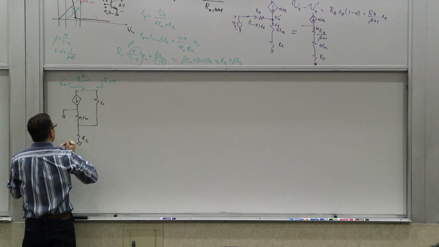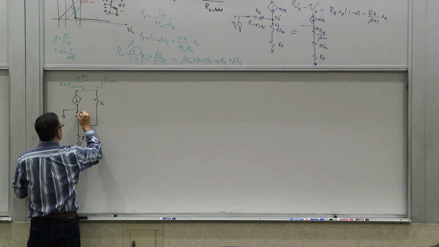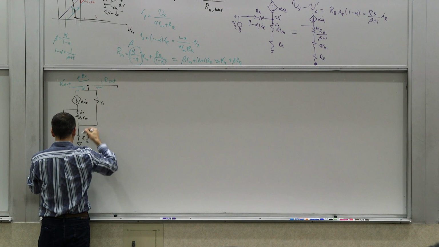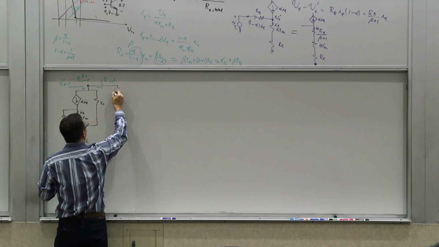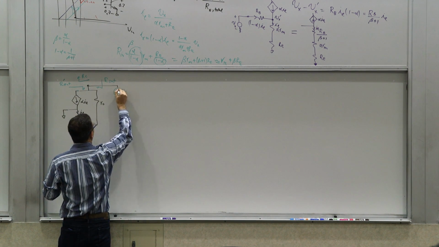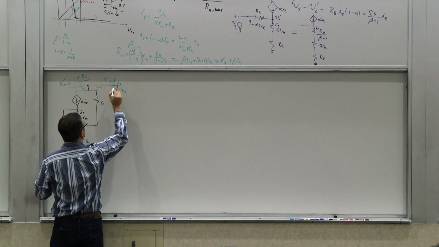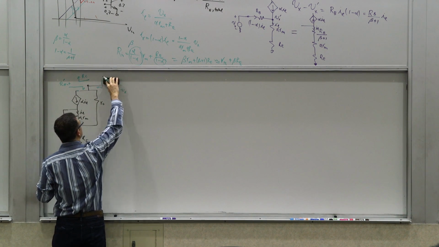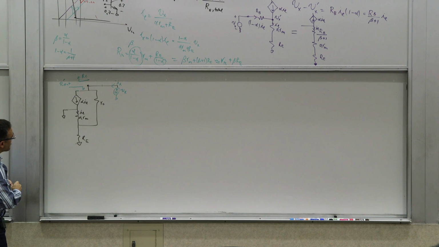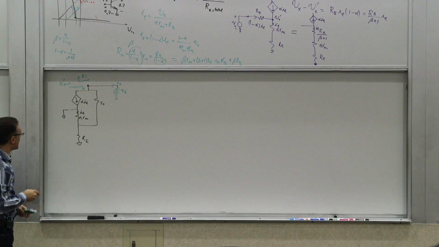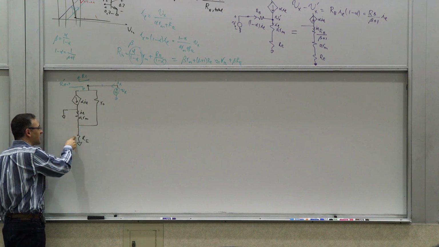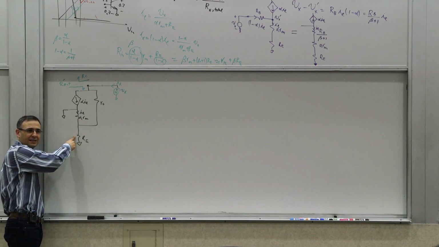So what is it? Well, we have IE. So this current is IE, and then this is alpha IE. And we are applying a test voltage here. So we will apply a test voltage of Vx, and we want to measure Ix to find out what R out is. Okay, how do we do that? Well, it's relatively straightforward if you look at it carefully. This resistor and this resistor are in parallel. Do you see that?